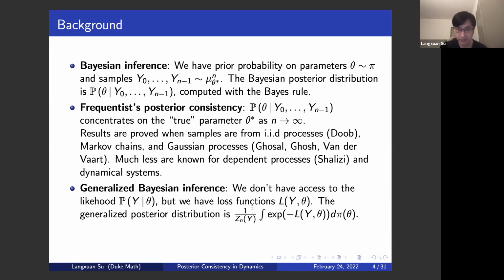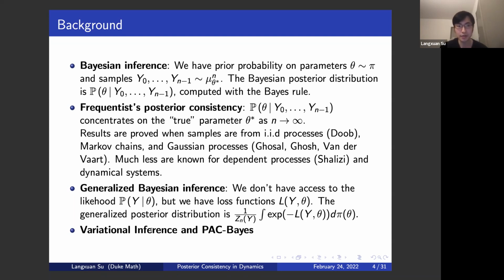Okay, and there are also connections with what's currently a very popular topic in machine learning, variational inference. In that case, instead of finding the true parameter, people may want to find the parameter that minimizes some cost, for example, solving some variational problem.